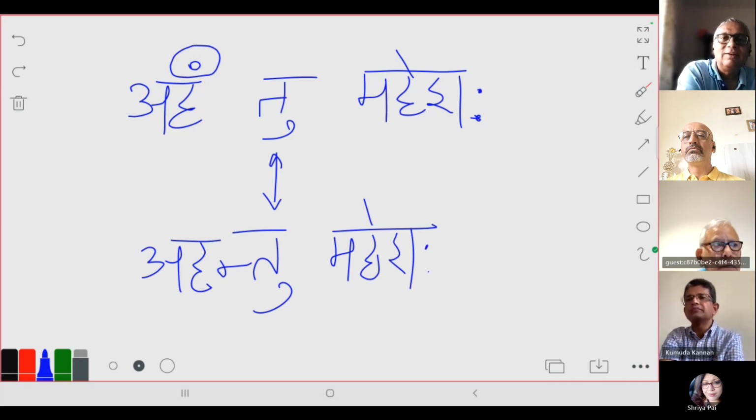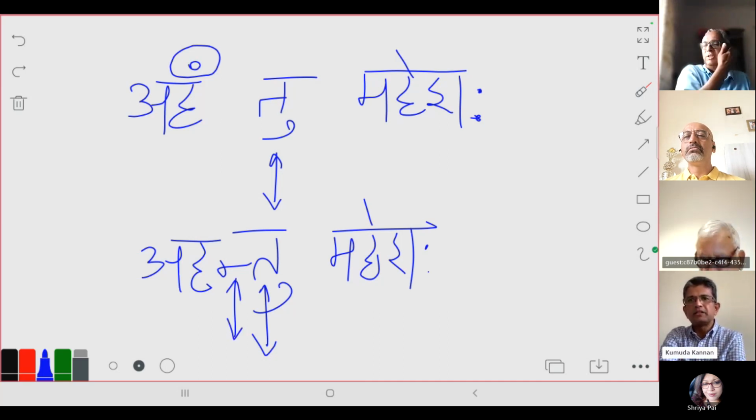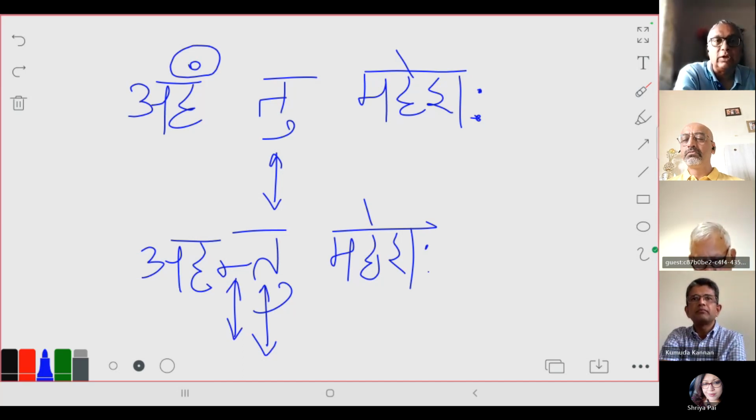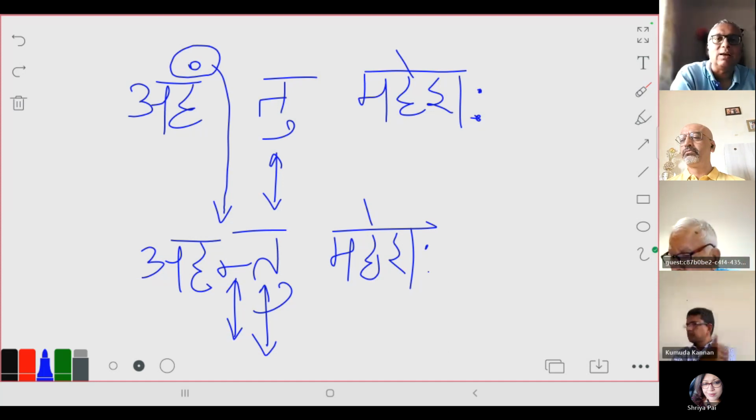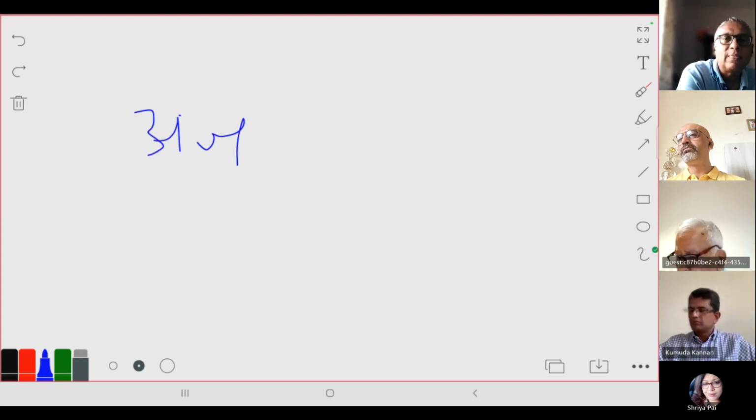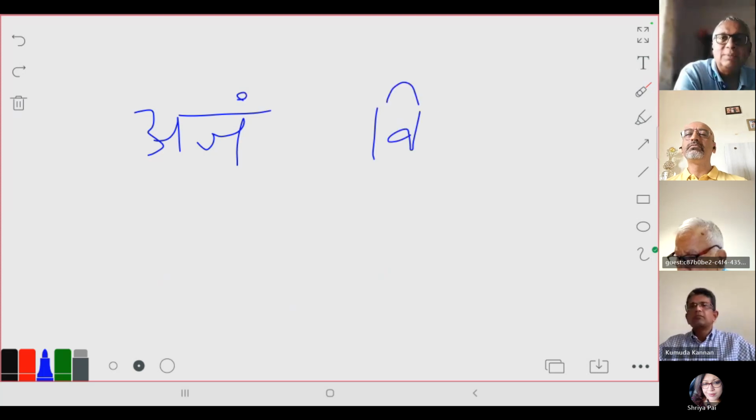Why? Takara has an anunasika, which is nakara. Your anuswara can change into the anunasika of the next varna, the same varga, ta varga in this case. So the anuswara can change into nakara. But in this case, ajam vibhum, is it possible to change it?